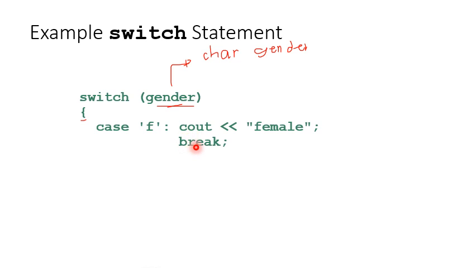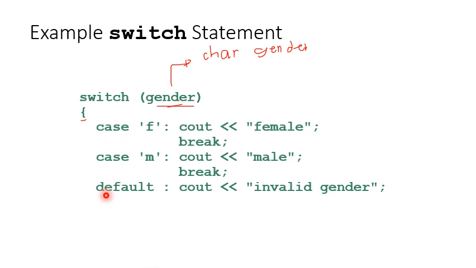So it means it will just stop there, for the first case or the case F. Now your second case, you have case M. So M here is a character data type because it is enclosed with a single quote and then your colon, then cout male. It will display male and then it will just stop there.